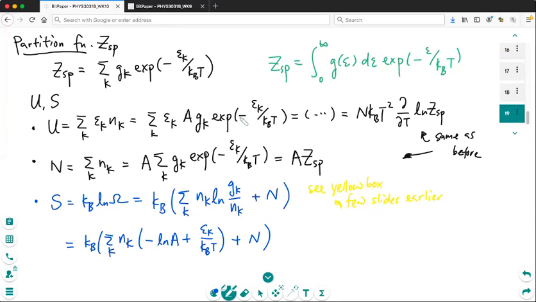You see this minus sign has become plus. So let me make a note: this is from the expression of nk, the manipulation of this.